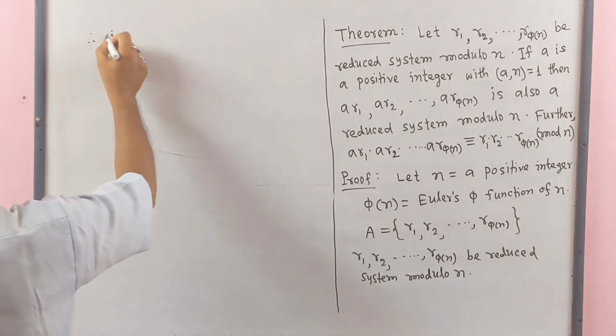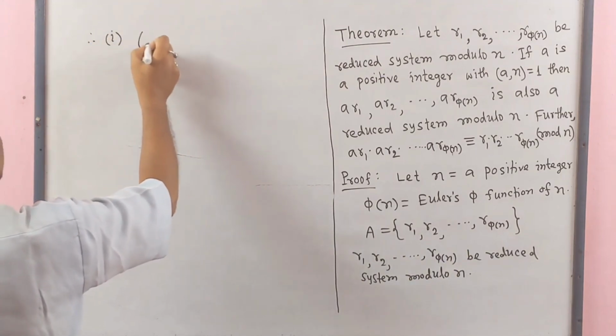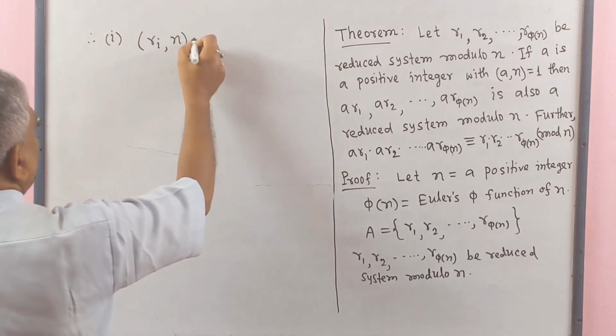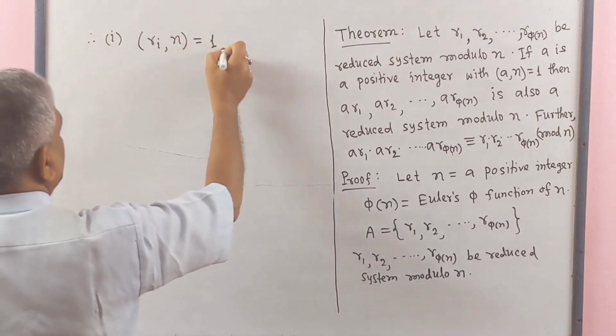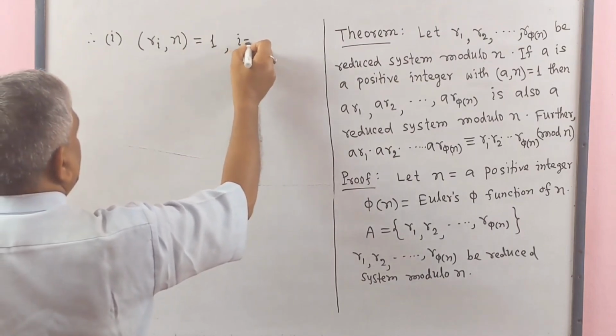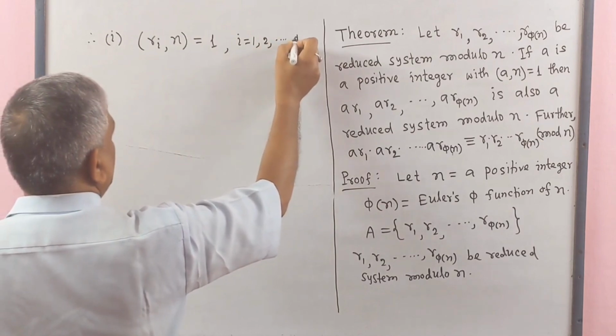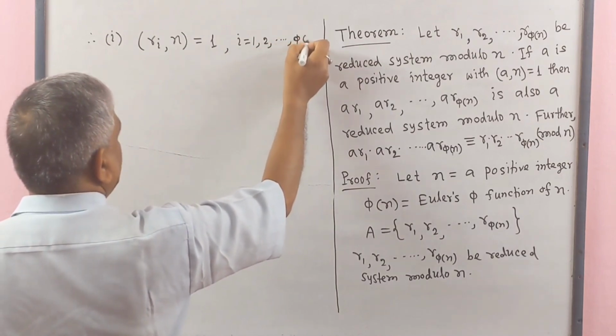Therefore, number 1, GCD of Ri and n equal to 1, i equal to 1, 2, ..., phi n.